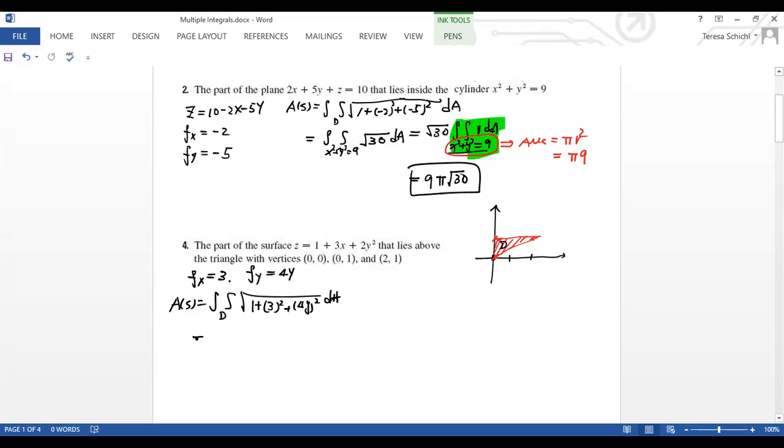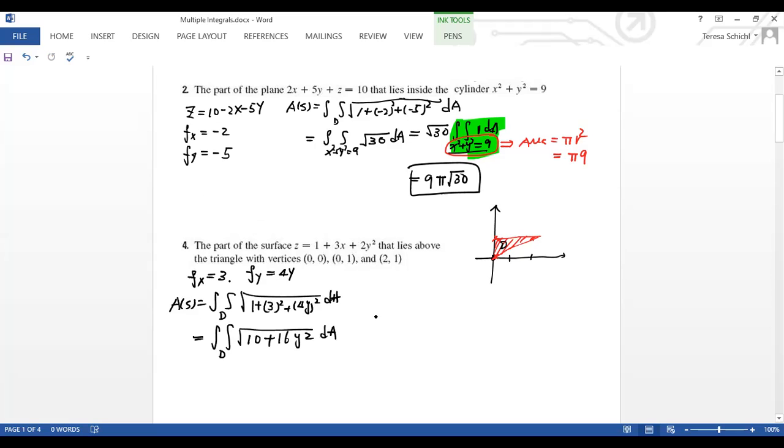If you simplify this a little, 3 squared is 9, so it's 10 plus 16 y squared, dA.